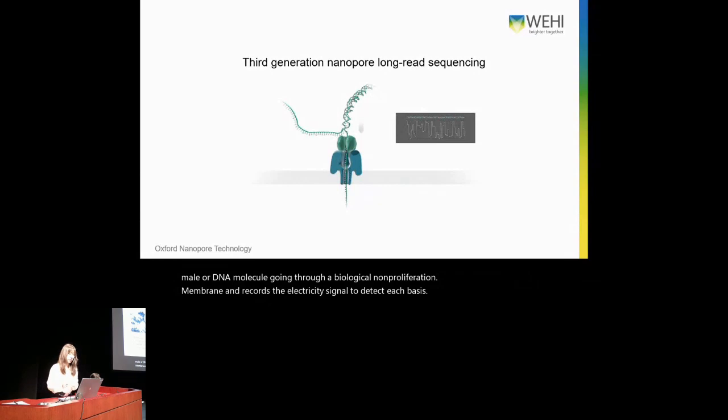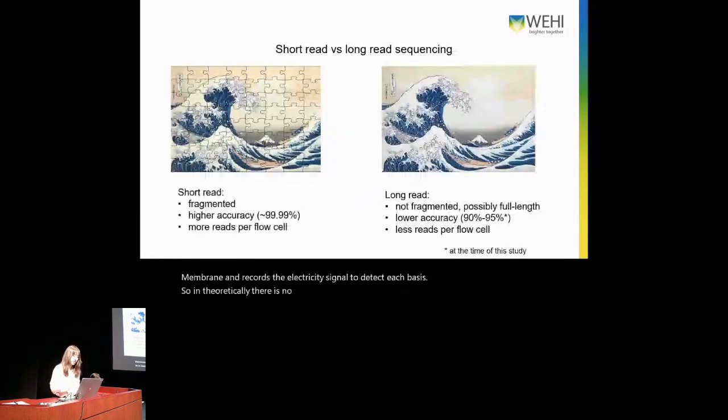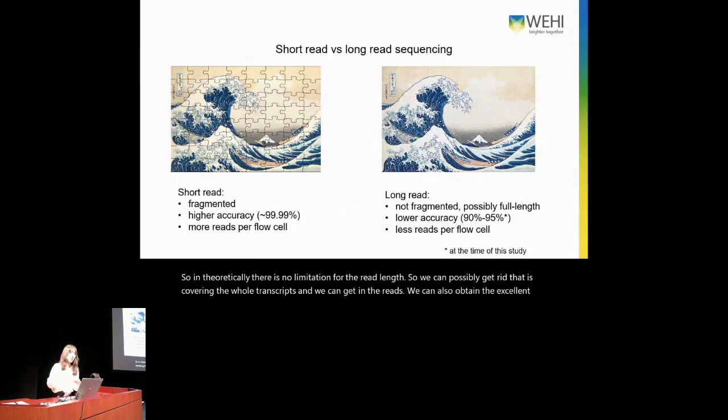Theoretically, there is no limitation on the read length, so we can possibly get reads covering the whole transcript, and we can also obtain the exon junction and exon chain information. So it can help us get better quantification for transcripts.